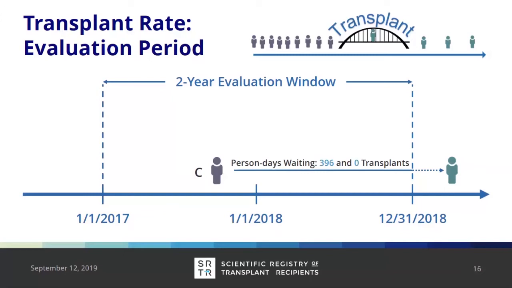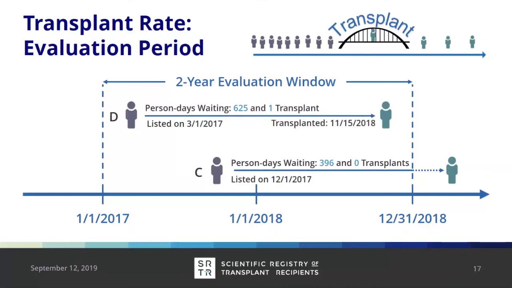But it wasn't transplanted during the window. So this person contributed 396 days as they were on the list for just over a year in that window and 0 transplants, okay? So in the future, when we roll that person forward, that transplant will then count in the next cycle, right? So that's when that transplant itself would occur and be within our evaluation window.